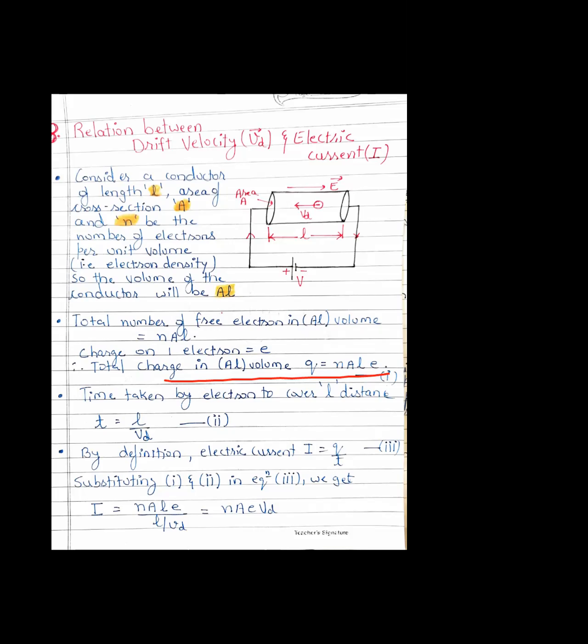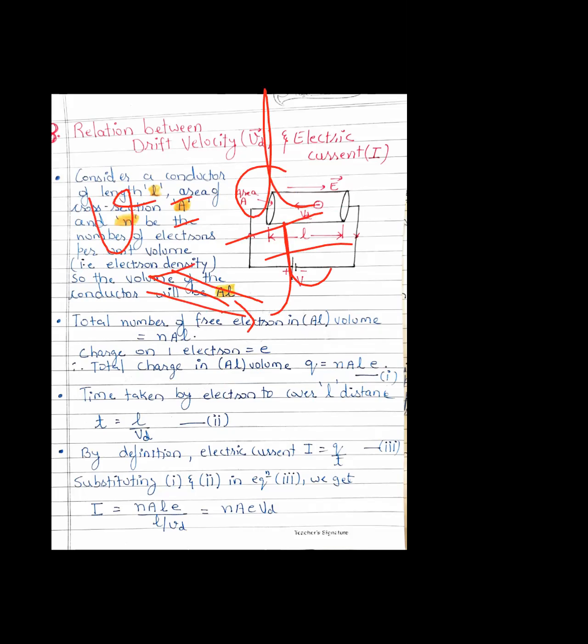Q हो गया, T find करेंगे and then we will substitute the value of T. Right children? Now for T what do we require? We know that speed equals distance by time. If I make time subject of formula, t will go here, v will come down. So we will have t equals d by v.